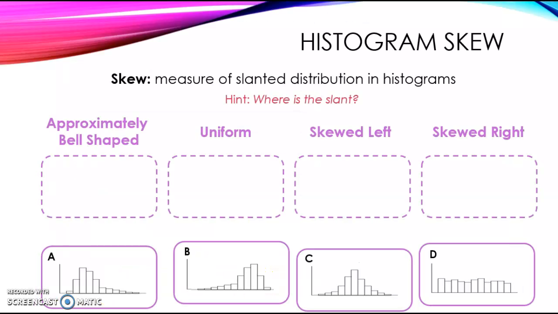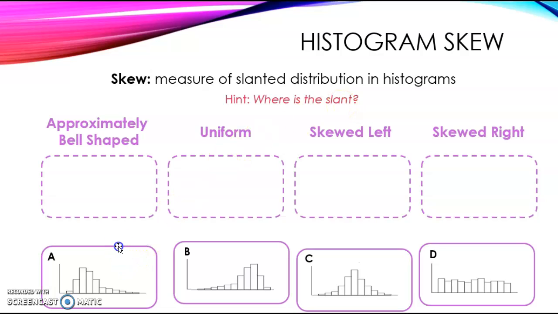The last thing I'm going to talk about in this video is histogram skew. Skew is the measure of a slanted distribution in histograms. This is us describing how the histograms or bar graphs are shaped. If you aren't quite sure, think about where the slant is, if there is one.